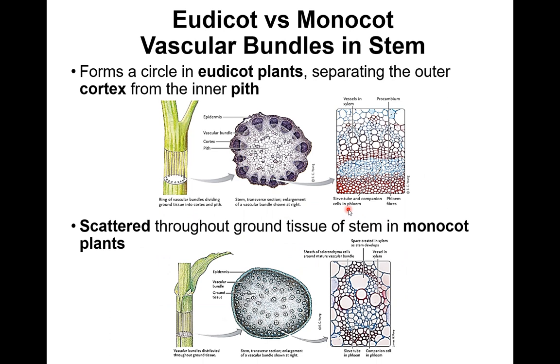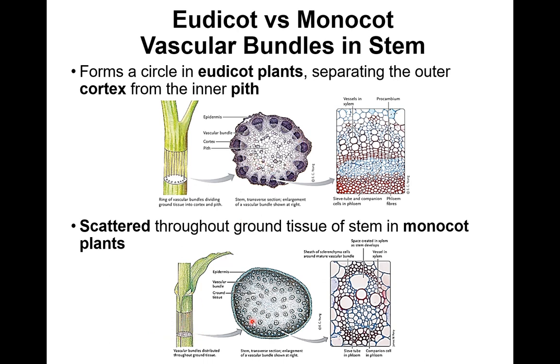In terms of organization of the vascular bundles in monocot and eudicot, or dicot, stems, what is the difference? Well, if you look here, this is how a cross section of a stem of a eudicot plant will look, and you'll see one in the lab.